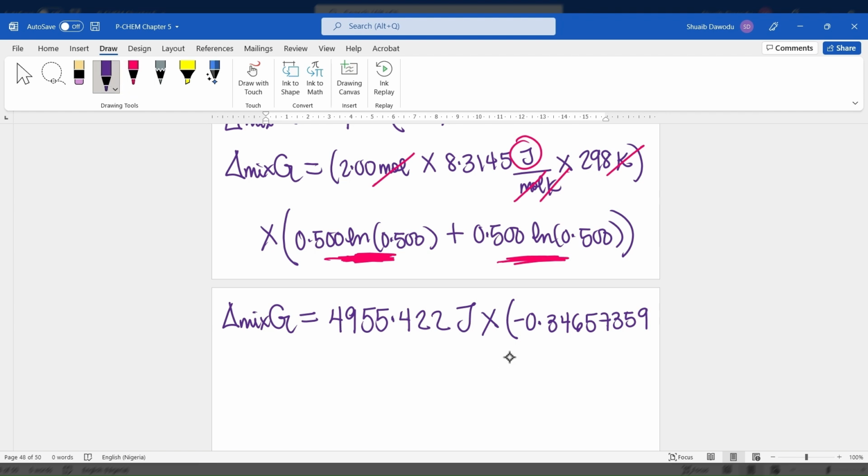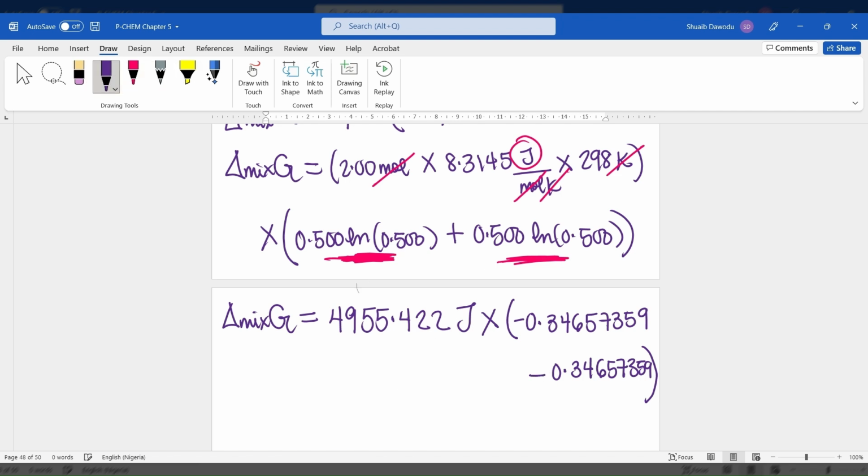So this is what you get for the left side, the one left of the positive sign. And then, of course, plus 0.500 ln 0.500 is simply the exact same value. So you end up with plus negative 0.34657359. Of course, positive and negative here is just going to make it negative.